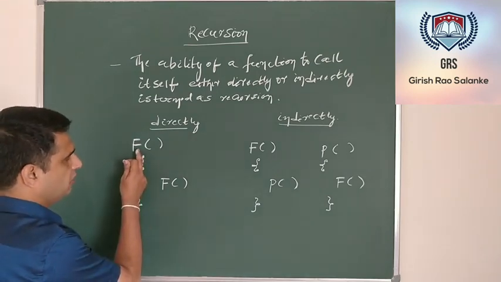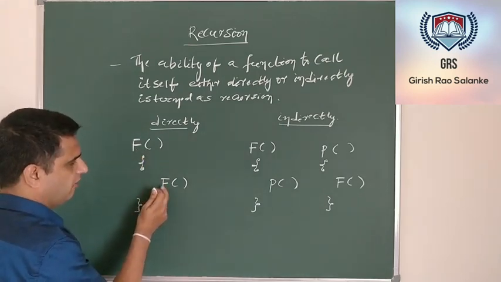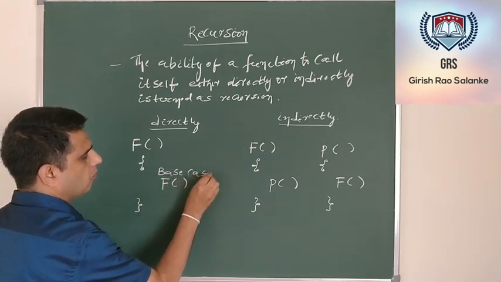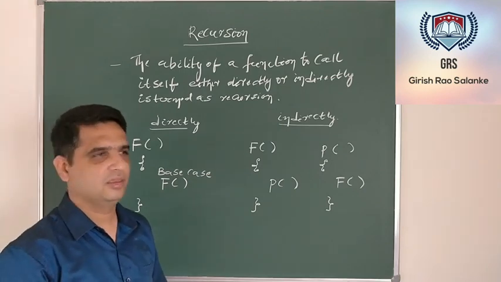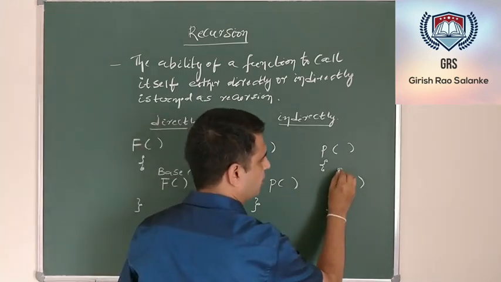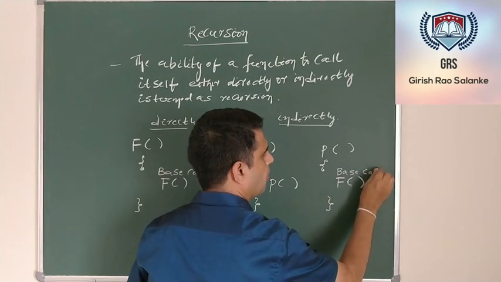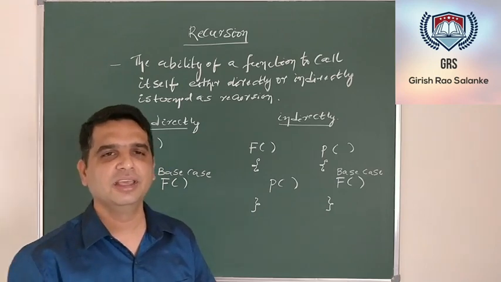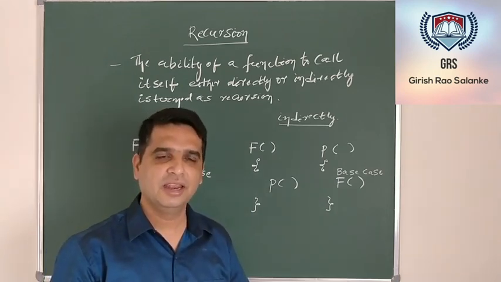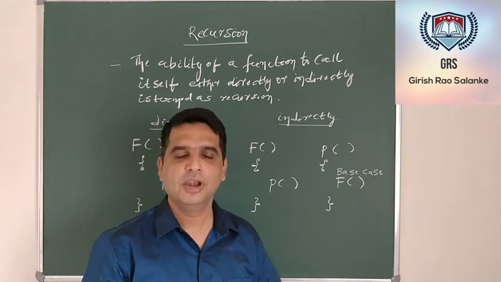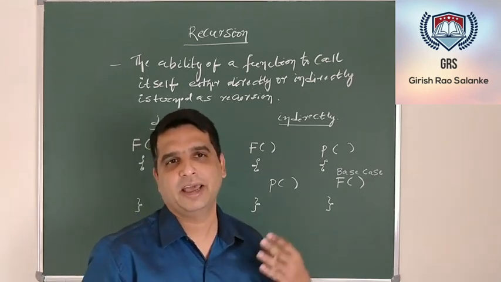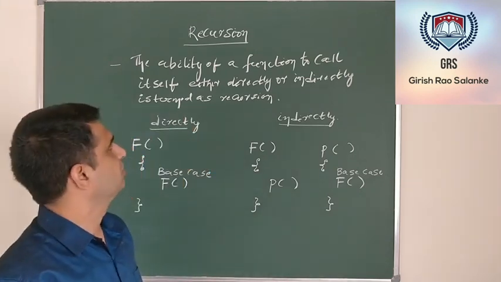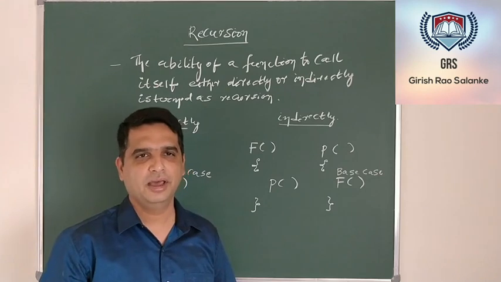So before this f function calls itself, there should be a base case. Even in the indirect case, there should be a base case. If there is no base condition in a recursive function, then it will be repeated infinitely. So this is about what we mean by recursion.